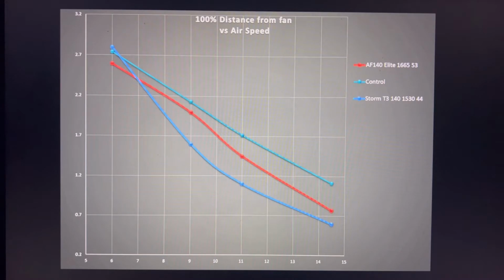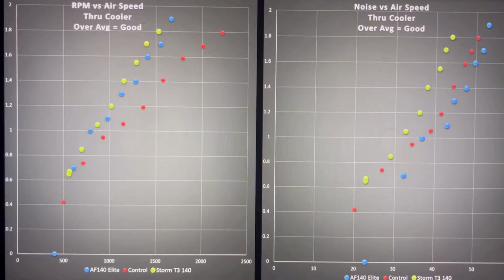So I'd say that case airflow is not an ideal situation for these fans, unless you're looking at them primarily in a small form factor case where they perform fairly well. Moving on to two graphs, one page, and we have RPM versus airspeed through my CPU cooler, and noise versus airspeed through my same CPU cooler.